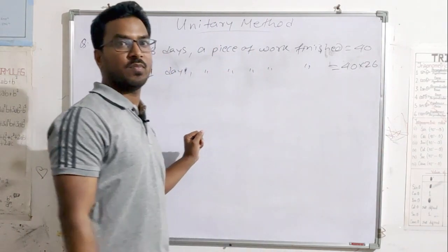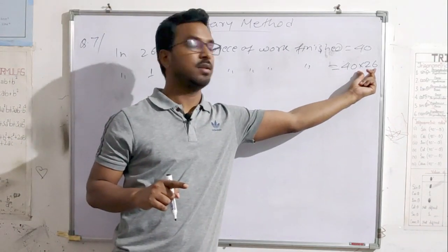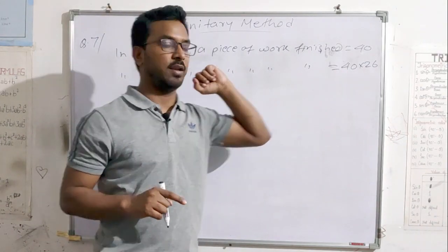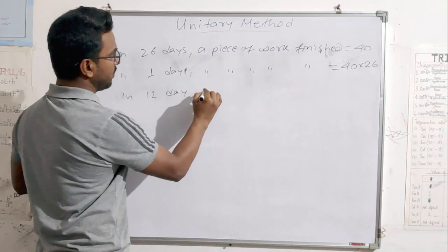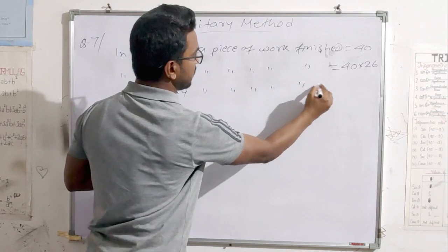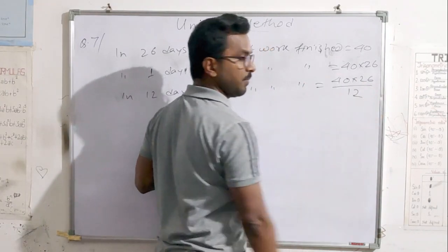You have to multiply. If it is supposed to be finished in 1 day, then the number of people needed is 40 into 26 men. So in 12 days the piece of work can be finished equals to 40 into 26 by 12.